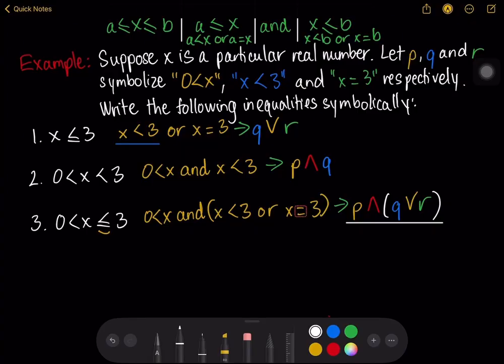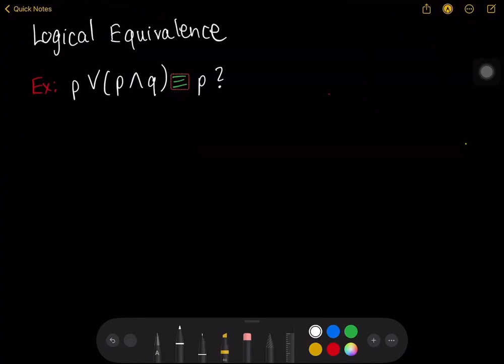So this one is our symbolic inequalities. This is one of my favorite ones in this topic. It's called logical equivalence. The definition of logical equivalence is: two statement forms are logically equivalent if and only if they have identical truth values for each possible substitution of statements for the statement variables.